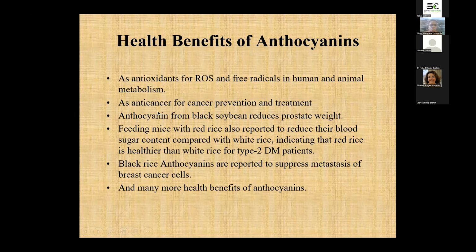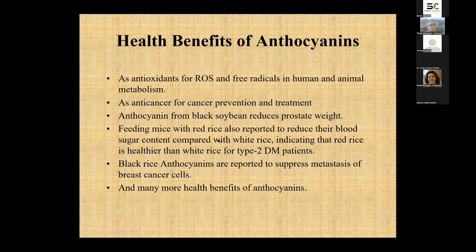Anthocyanin also acts as an anti-cancer agent. There are many examples of that from the literature. That's mostly for prevention of cancer, but also for treatment. Anthocyanins from black soybean can reduce prostate weight, so it's good for men. Feeding mice, this is the result of an experiment.